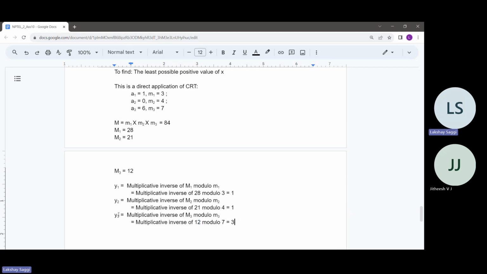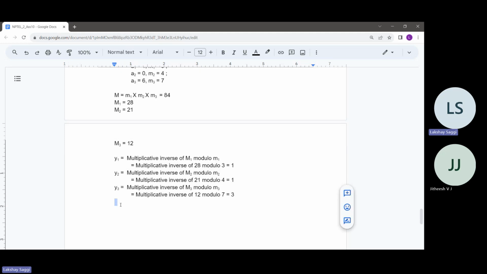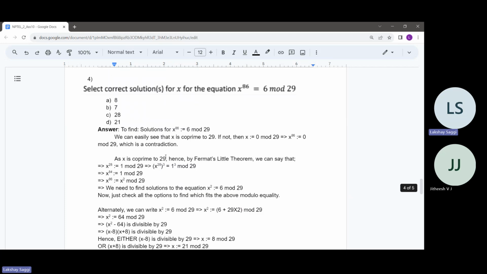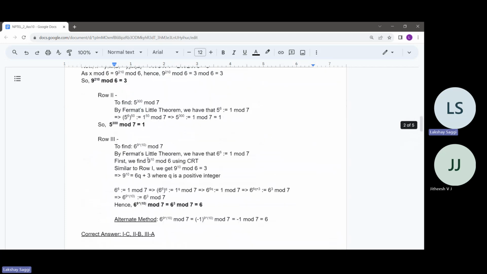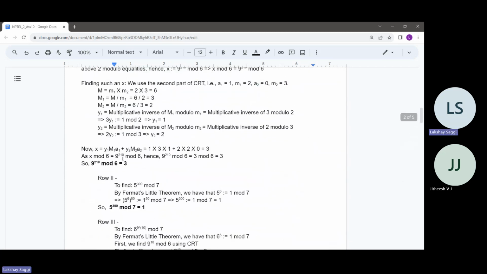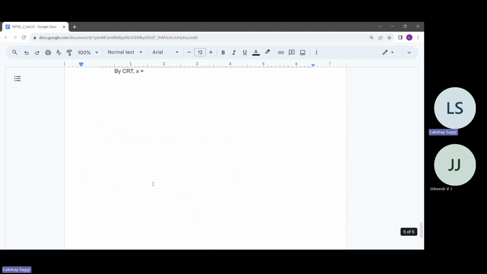So we obtain y1 as 1, y2 as 1, y3 as 3. So by CRT, x is equal to, so maybe I'll just copy this formula. x is equal to y1 M1 a1 plus y2 M2 a2 plus y3 M3 a3.